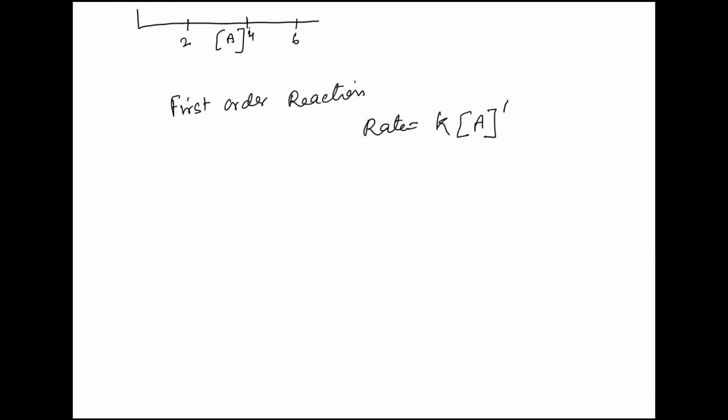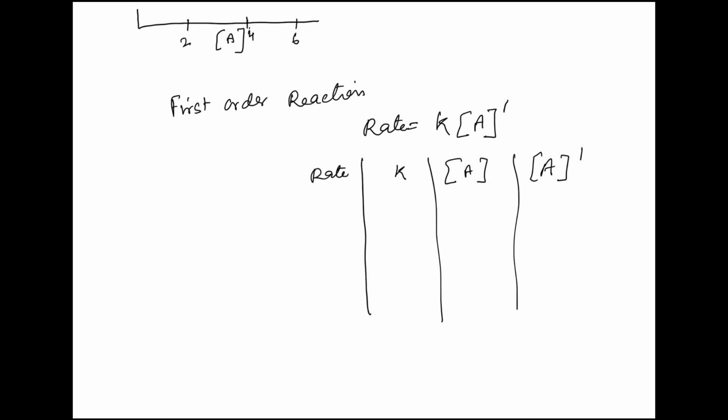Again we draw a table taking the values of K and A1, rate K, A and A1.